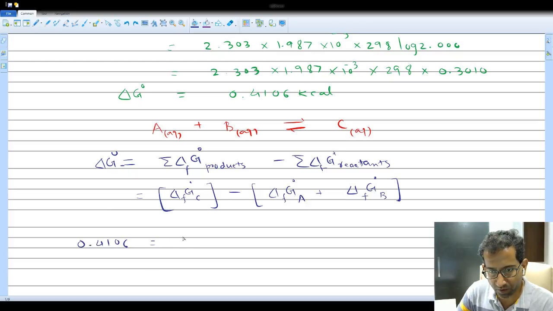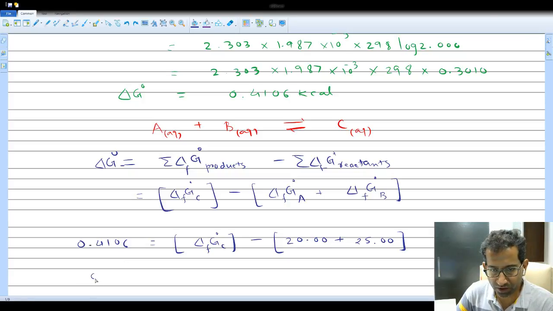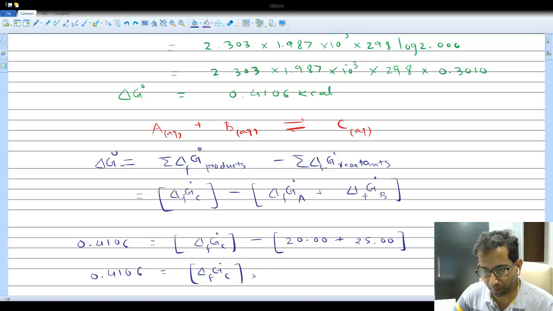So we have this value, 0.4106 equals delta G0 f of C minus, this value is given to us, that is 20.00 plus 25.00. So 0.4106 equals delta G0 f of C plus 45.00.